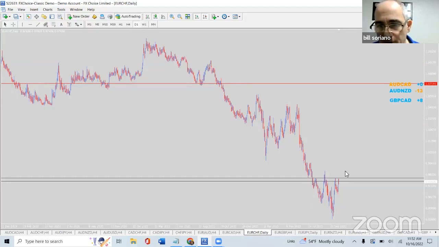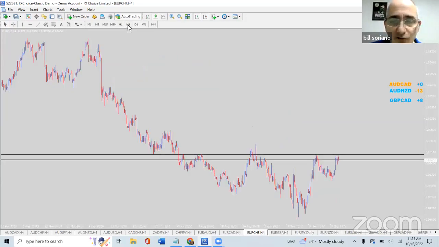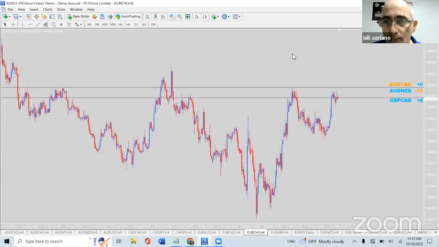What we have to keep in mind is, of course, the daily is down as well, right? We got the first break of structure, but no second break of structure on the daily as well. So the bias is about to change to bullish on both the 4 hour and the daily chart if this moves up much higher. But if it moves up higher, it will go through our 4 hour area of interest, and then that 4 hour area is no longer valid, so we wouldn't look to take a trade here.